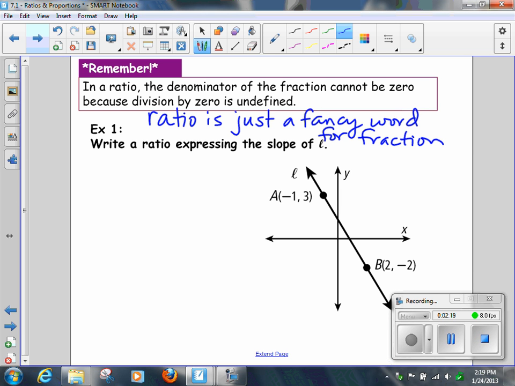So I want to write a ratio, or what's my good word? Fraction. I want to write a fraction expressing the slope of this line L. How do I do that?